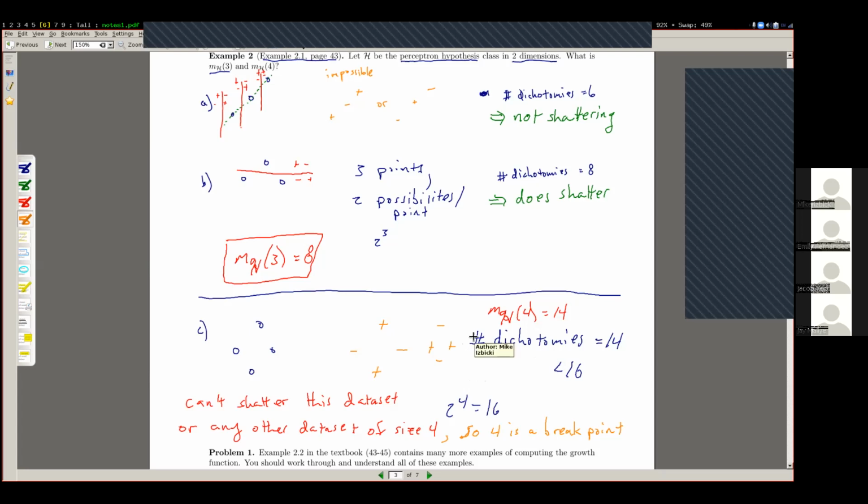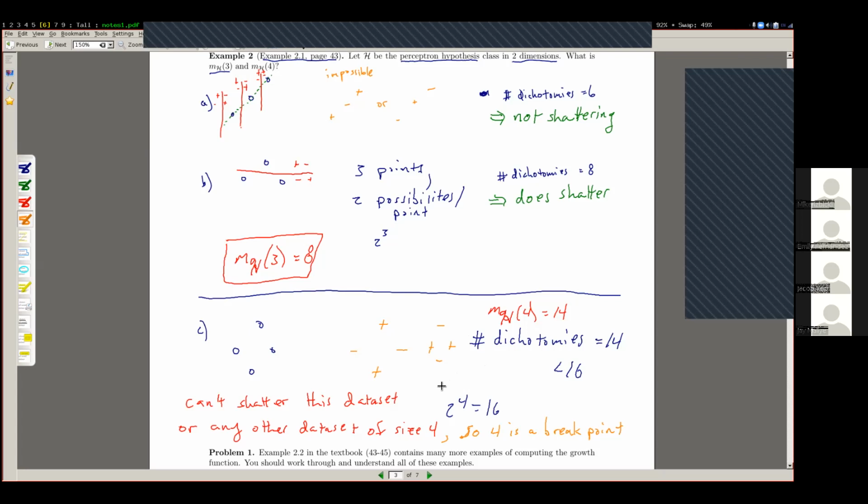We'll see this in a little bit, but the training error is potentially going to be worse, but the generalization error is going to be better. So in practice, you'll almost always be using a hypothesis with a breakpoint less than the number of data points that you actually have. We'll formalize that a little bit later. So if you didn't catch that, that's okay.